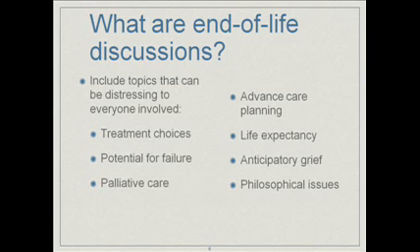Life expectancy, concerns about coping with the illness, goals, anticipatory grief, and philosophic issues such as the meaning of illness and the suffering that results. And however distressing, these discussions are essential in determining the quality of life for the patient involved.